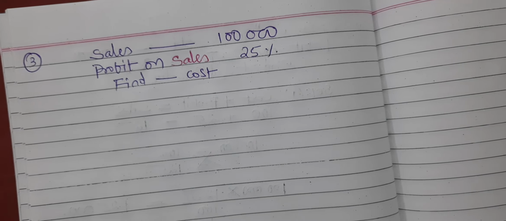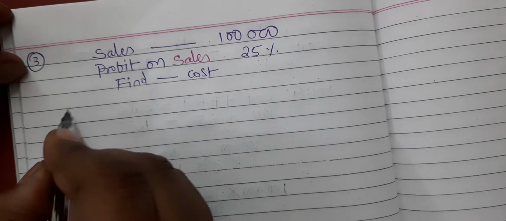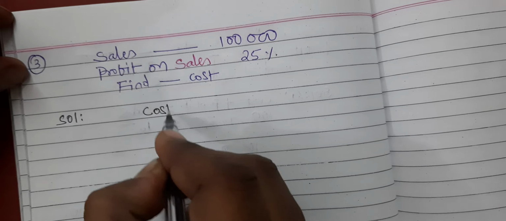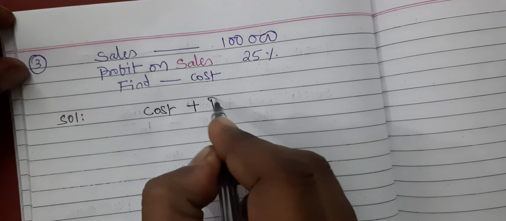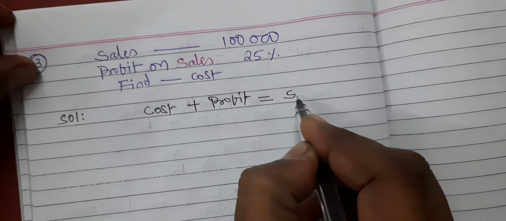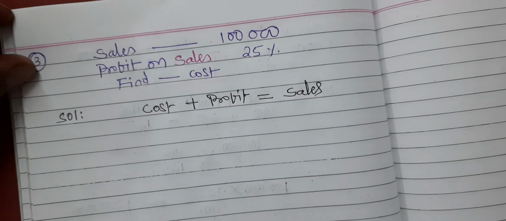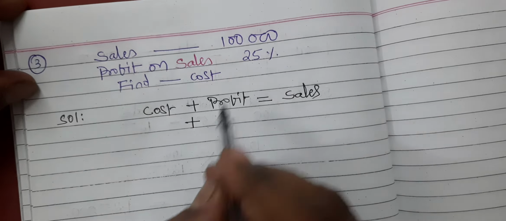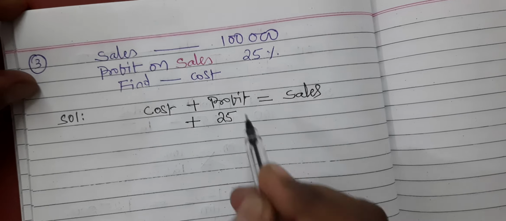Now my regular explanation: first of all you have to write the equation, cost plus profit is equal to sales. Now 25 you write below the profit.